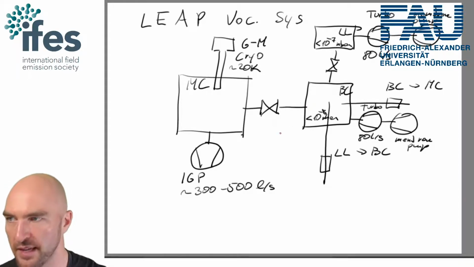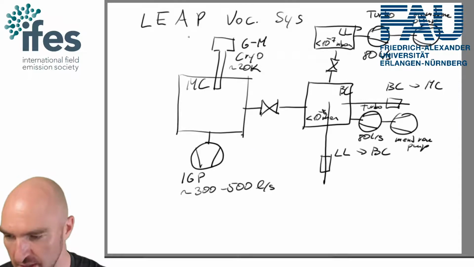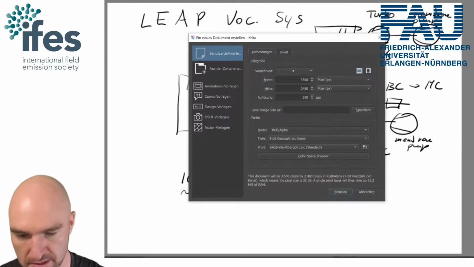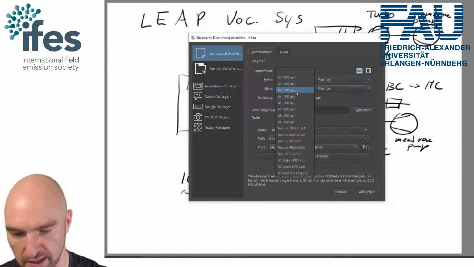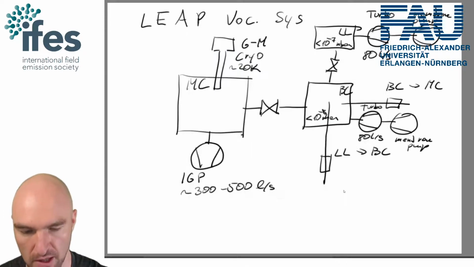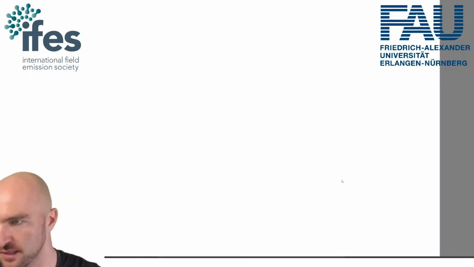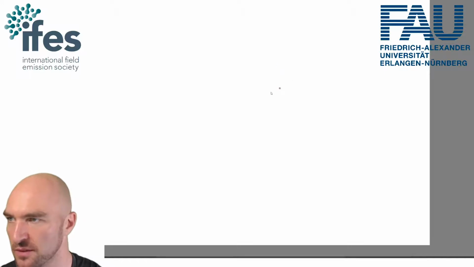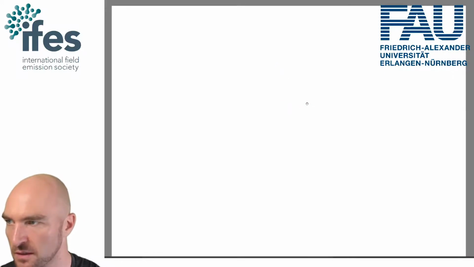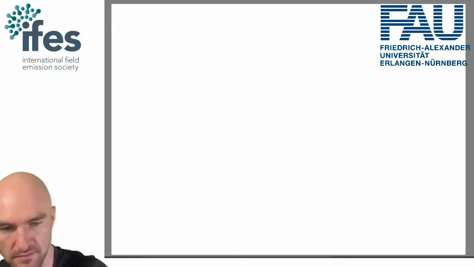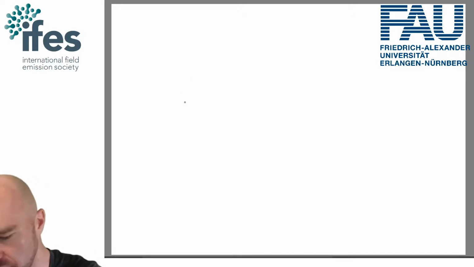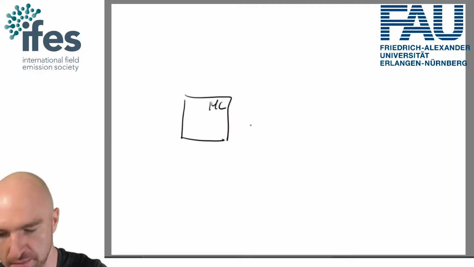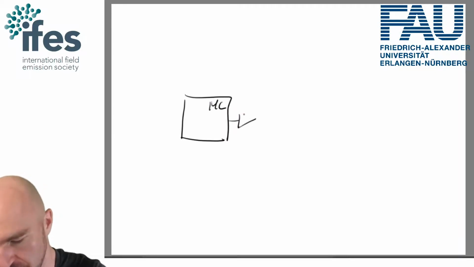If you want to make a very, very simple system, I think the simplest system you could think of to make an atom probe would be something along the lines of a measurement chamber, with some kind of valve that goes onto a load lock.